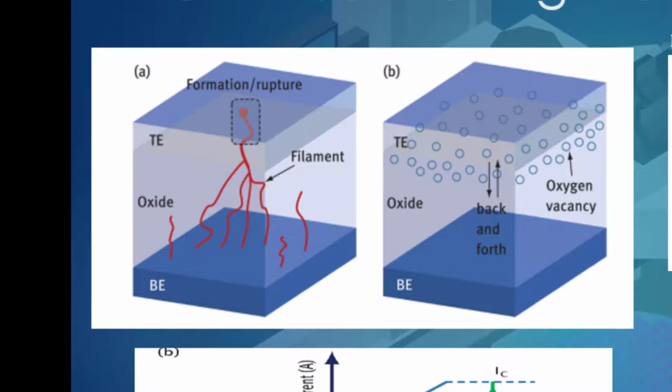The mechanism of CB-RAM and ReRAM is a little bit complicated because it depends on the material, but in simple terms, for CB-RAM, when applying enough positive voltage, it oxidizes the metal atoms into ions because of the applied electric field.